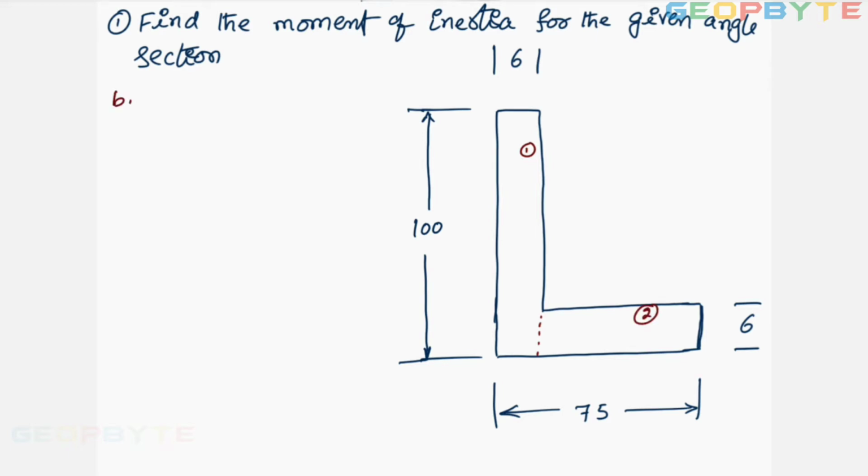Now for section 1, width b1 equal to 6 mm, d1 equal to 100 mm.